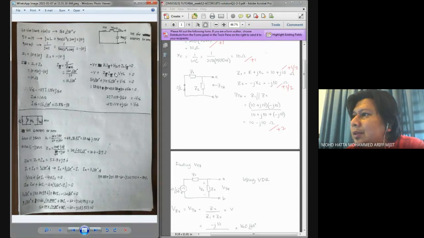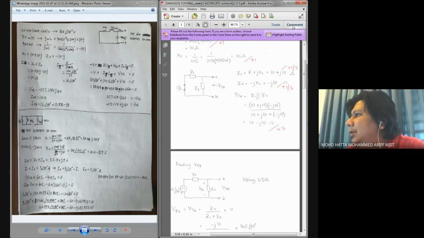VTH also, the method that you should use here is that you should have an equation like this.